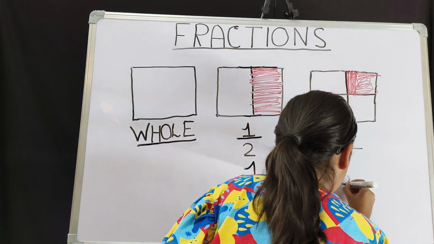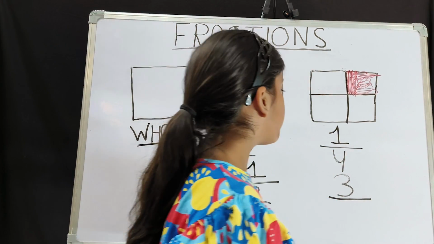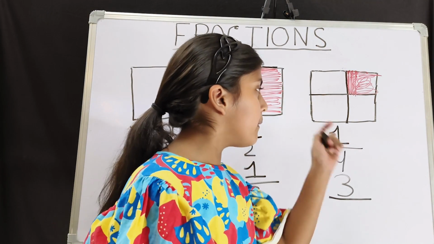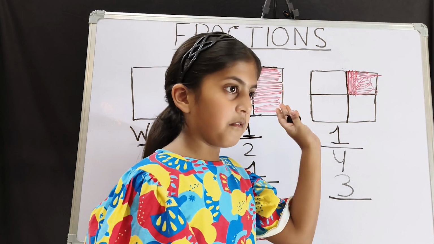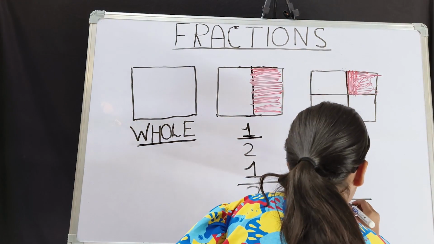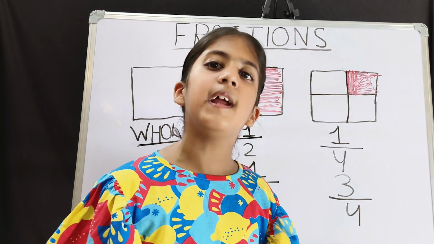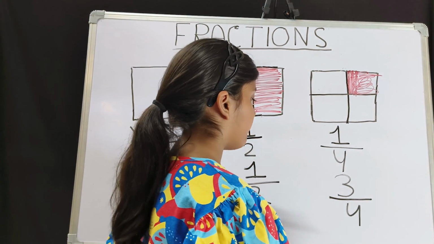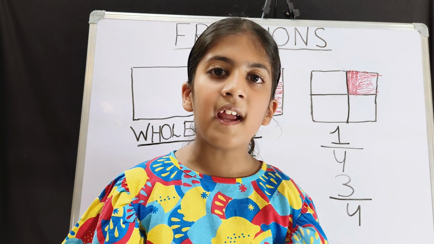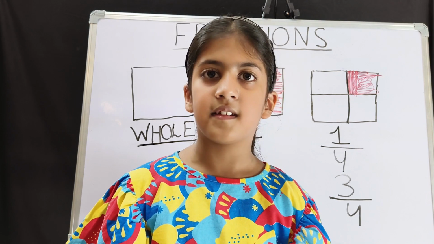We will write 3 in the numerator, and in the denominator we will write the number of parts the figure is divided into, which is 4. Now let me show you how to read the fraction. 3 upon 4 or 3 by 4. So this is how we find the fraction of shaded or unshaded parts.